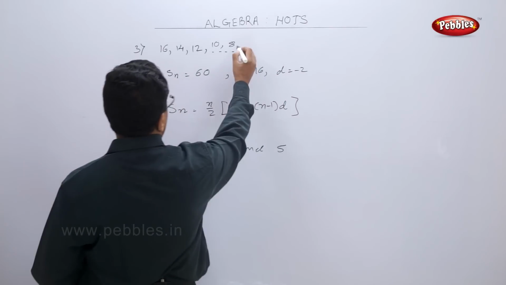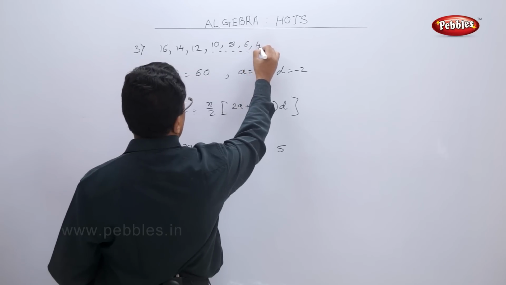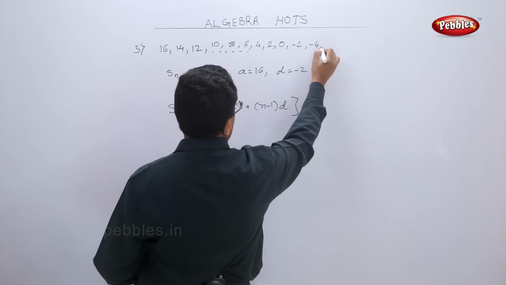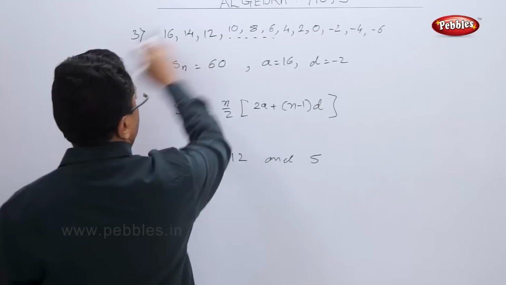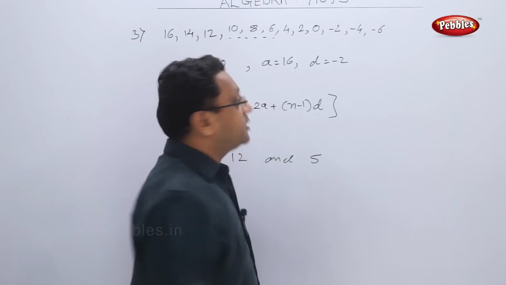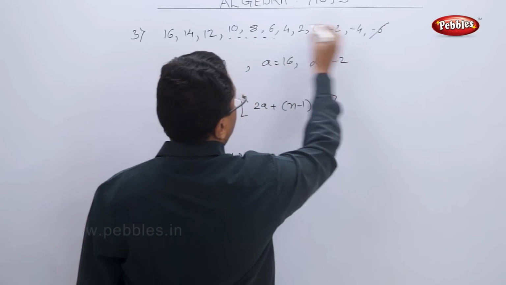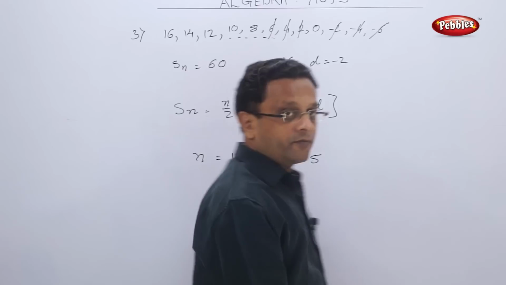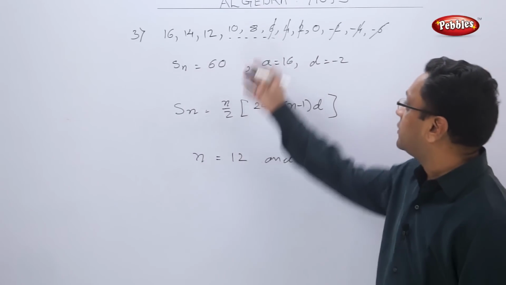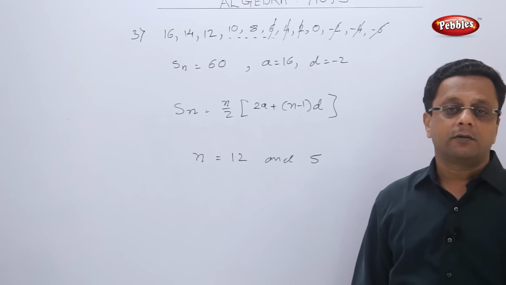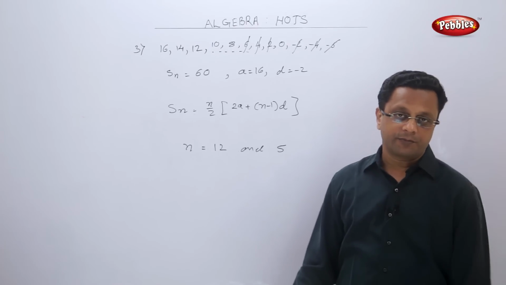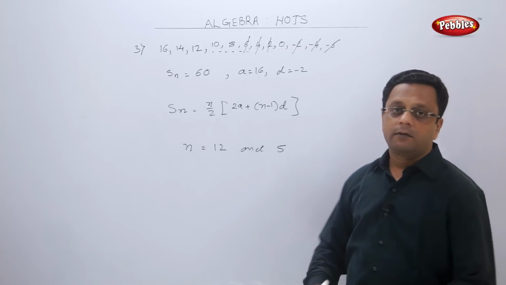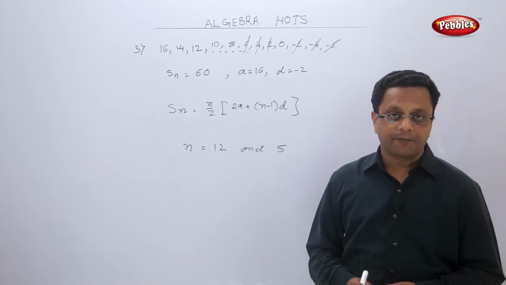The sum will go into the negative: 6, 4, 2, 0, then minus 2, minus 4, minus 6. As it goes into the negative, these cancel out, and the next 7 terms sum up to 0. And so we have n equal to 12 and n equal to 5.